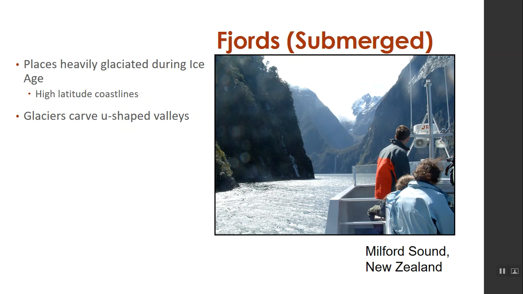Glaciers carved these U-shaped valleys, and then the glaciers melt, and the valleys get filled in, and you have these steep-sided long bays, like you see here, right? This is salt water that's filled in after they melted, but these landscapes were carved by glaciers before they were submerged.